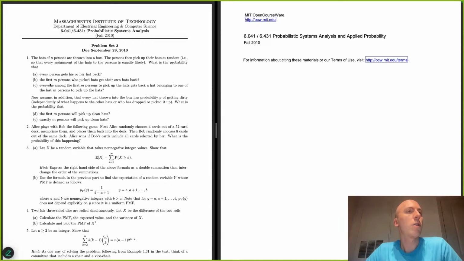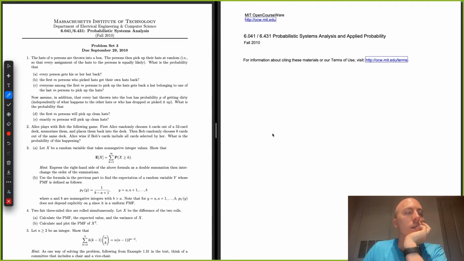Okay, part B. The first M persons who picked hats get their own hat back. So in this case, yeah, we can do a little example. I kind of want to do it out in the search tree too.